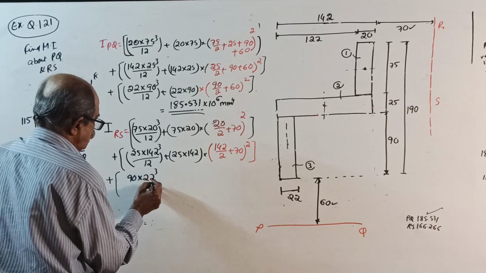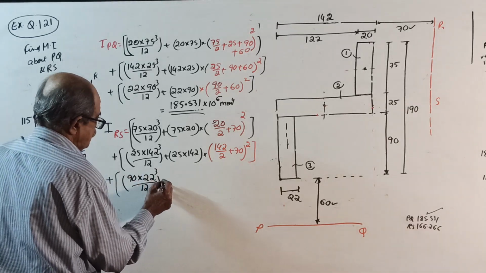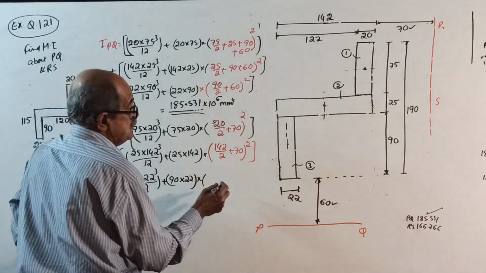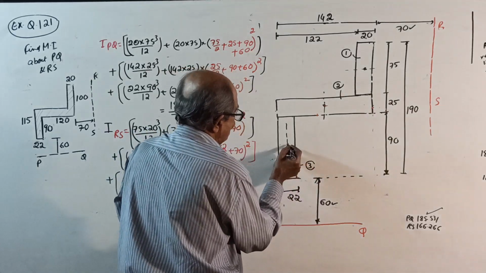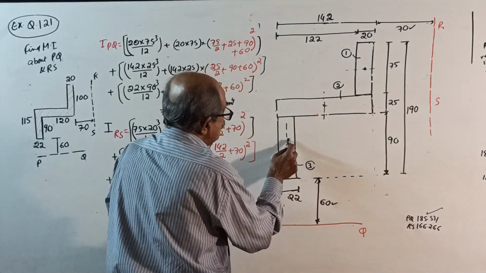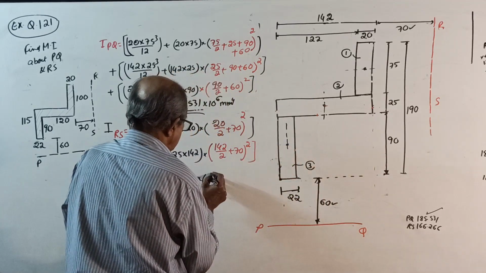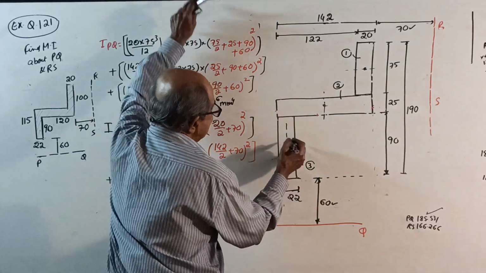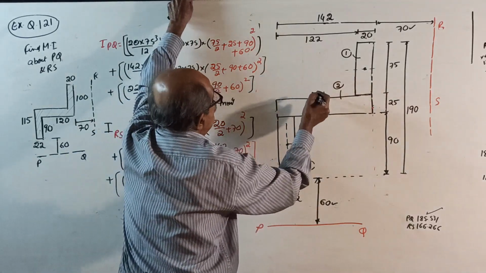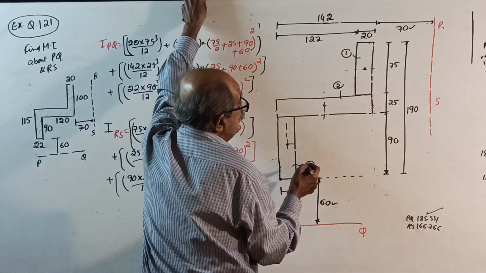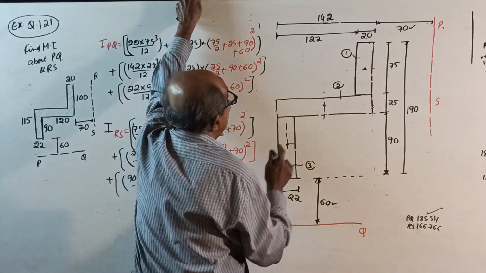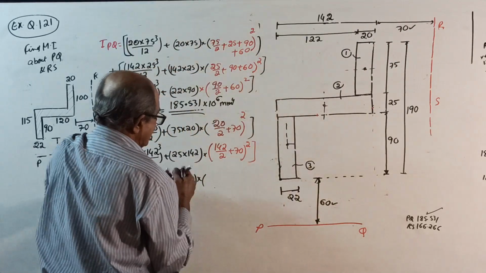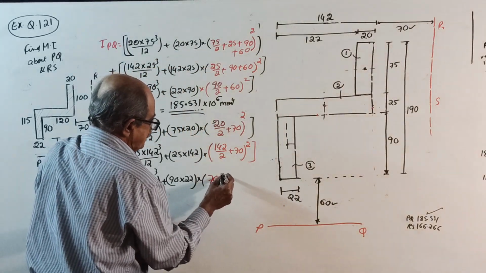90 into 22 cube divided by 12, Ig, plus 90 into 22 is the area, into the distance from centroid. From here it is 22 by 2, or what you can do is start from that side, which is better: 70 plus 142.